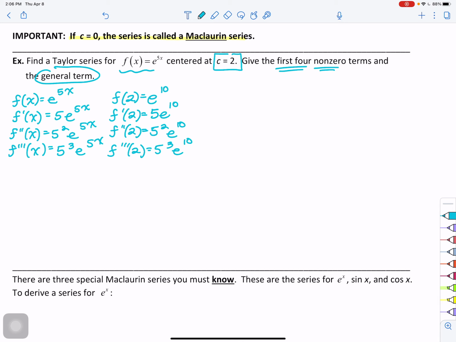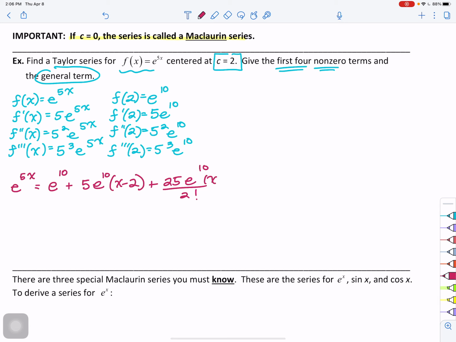And we can go ahead and write that e to the 5x is equal to, it's pretty powerful, e to the 10th plus 5e to the 10th times x minus 2 plus 25e to the 10th divided by 2 factorial, x minus 2 squared, plus, here's our fourth non-zero term, 125.